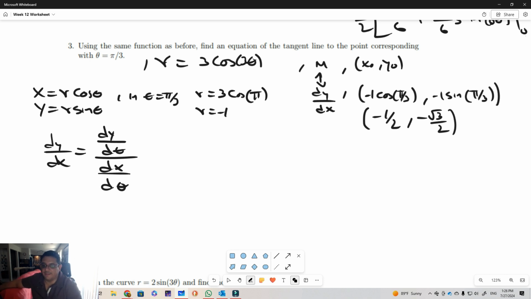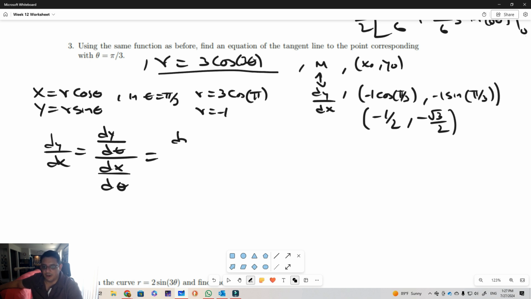Of course, I have that information coming from here. So I can use these polar coordinate functions here, and then dy/dθ, because this is a function in terms of theta, everything, and we can assume that r depends on theta, because r is dependent on theta according to this. So there's a product rule going on in here.